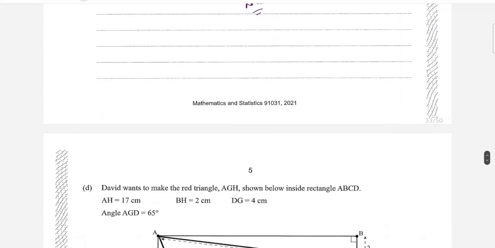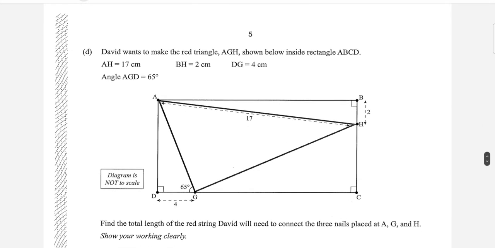All right. Next question. David wants to make the red triangle AGH, the triangle in the middle. This one here, which is inside a rectangle.